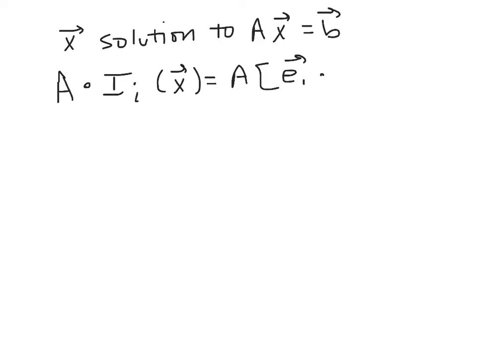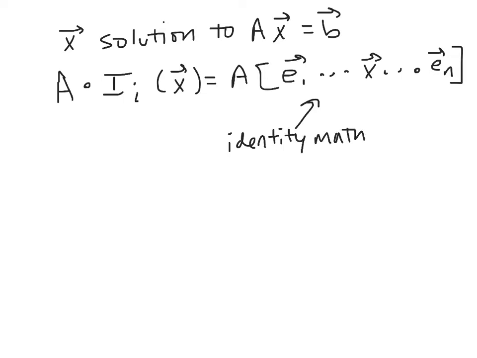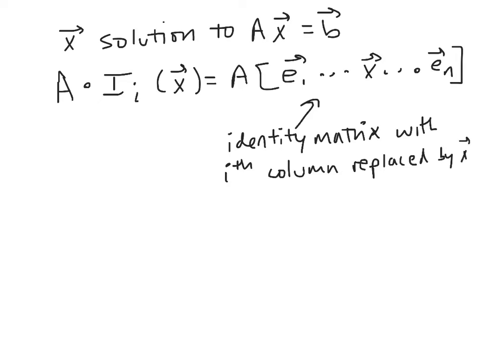So what is this new matrix? Well, it's the identity matrix where we replace the ith column by x. Okay, and we're going to multiply this out.